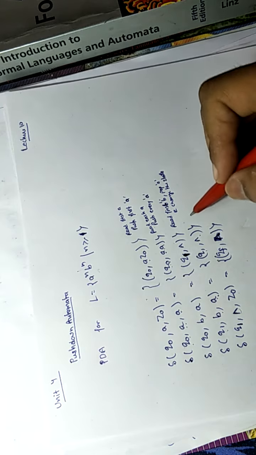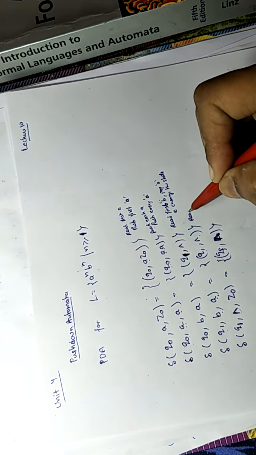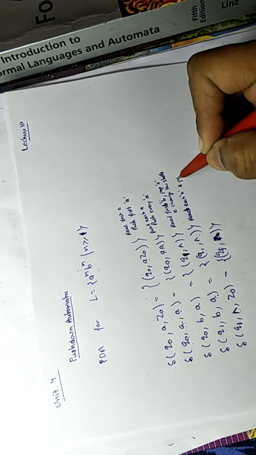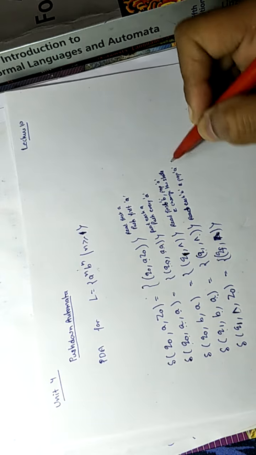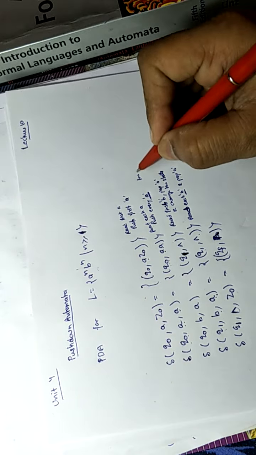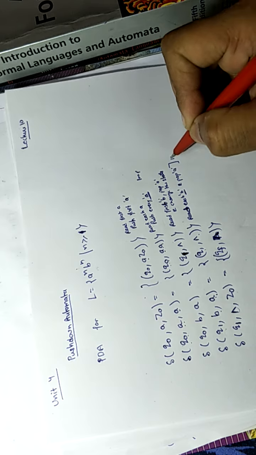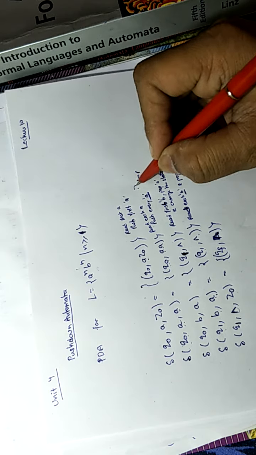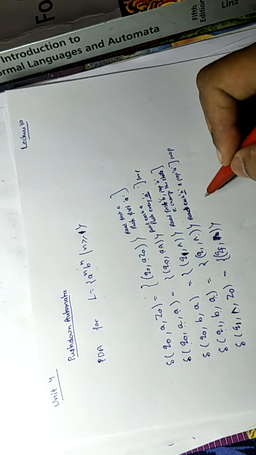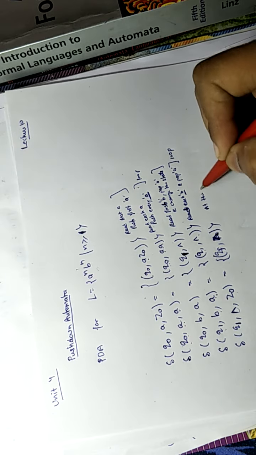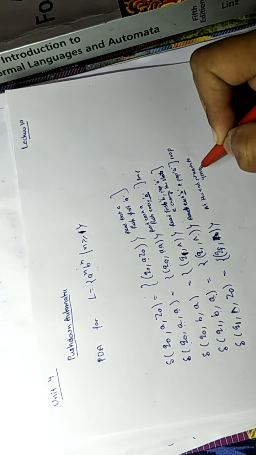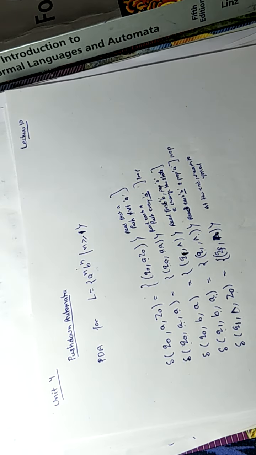Now read each b and pop a. This is for every b. This is for every a. This is a loop, and this is also a loop. This is the first a, this is the first b, and then we reach the final state. So this is all required for a^n b^n.